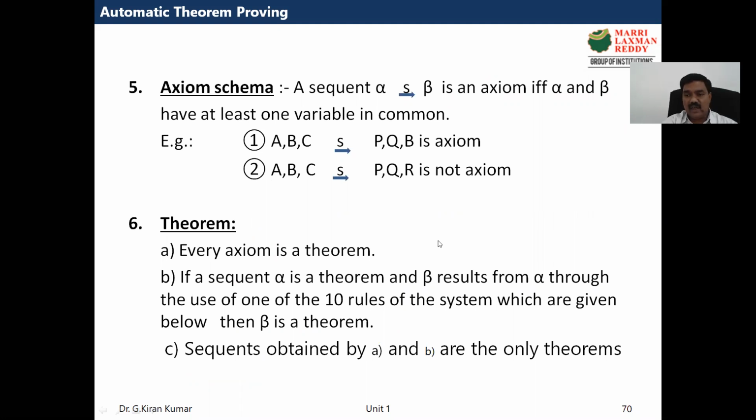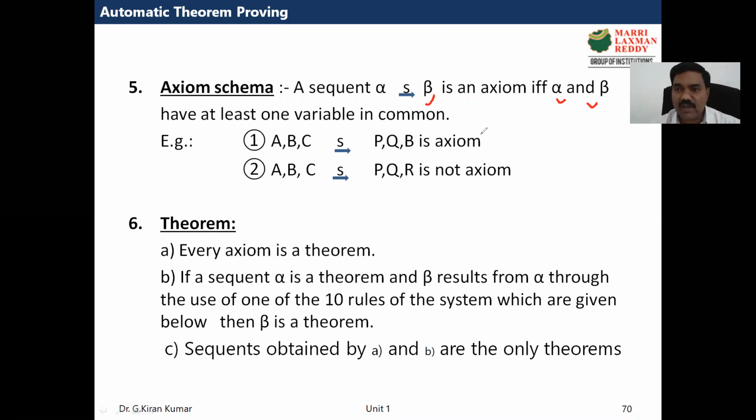So what is an axiom? A sequent alpha to beta is said to be an axiom if alpha and beta have at least one common variable. It's very simple. A sequent is something like alpha to beta form, where alpha is a string of formulas and beta is a string of formulas. Now suppose you take the sequent ABC to PQB.